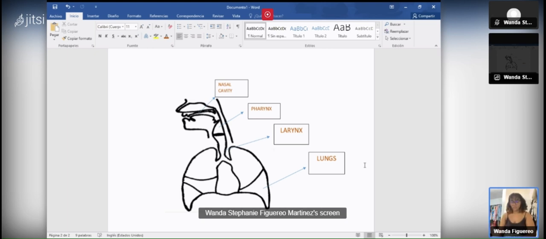And the direction of the airstream can be two different ones, egressive and ingressive. The egressive one occurs when the air comes out of the mouth, and ingressive is when the air flows into the mouth.